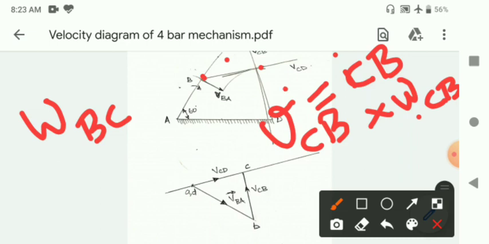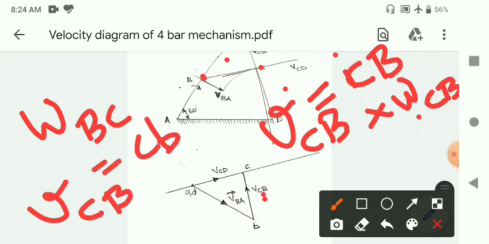What about the magnitude of velocity of C relative to B? That you can find from the velocity diagram. The magnitude of velocity of C relative to B will be equal to the length of line CB in the velocity diagram. So you take the measurement of line CB in the velocity diagram, substitute in this equation, and you can find the angular velocity of CB.